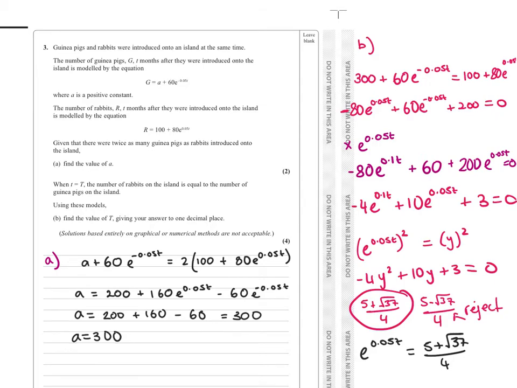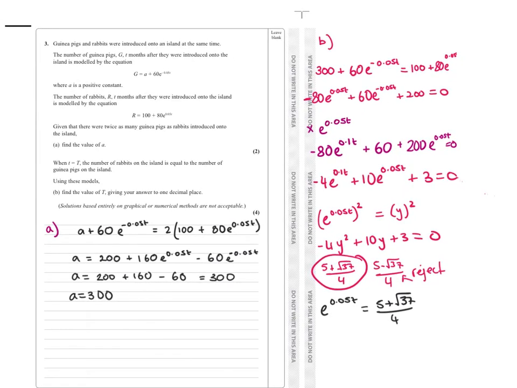I ln both sides. So we're going to have ln of e, which we know is just 0.05t, equals ln of 5 plus root 37 over 4. How am I going to find the value of t? I'm going to divide both sides by 0.05.